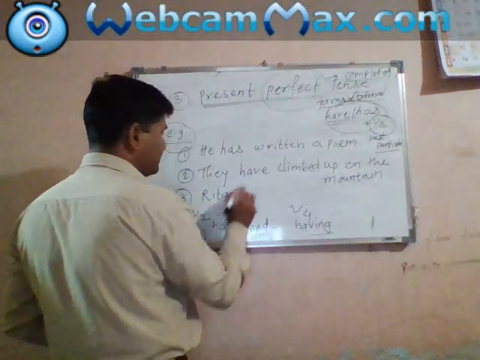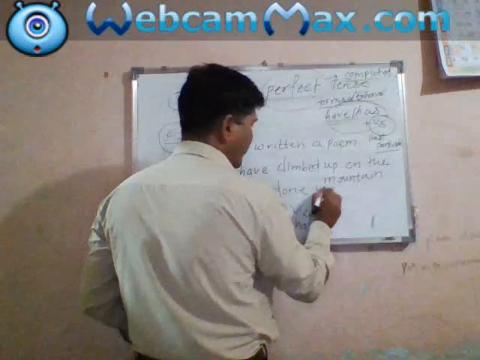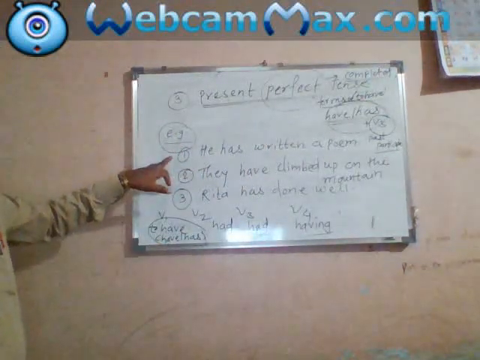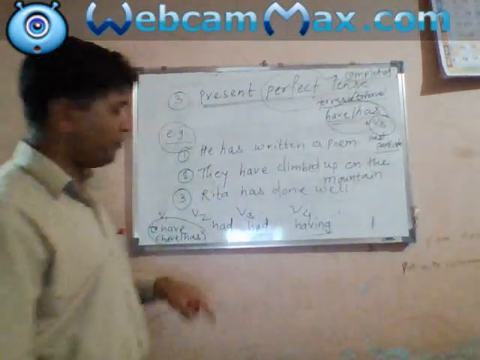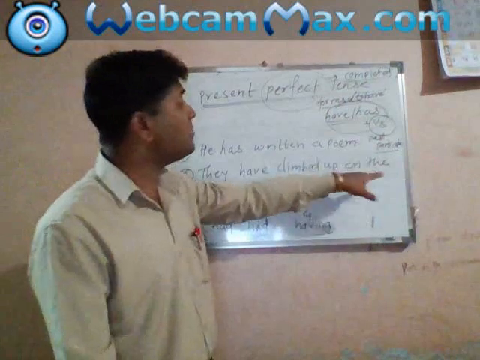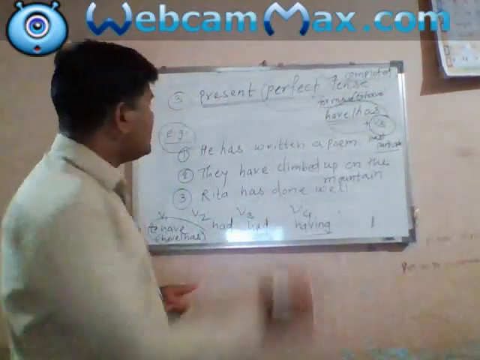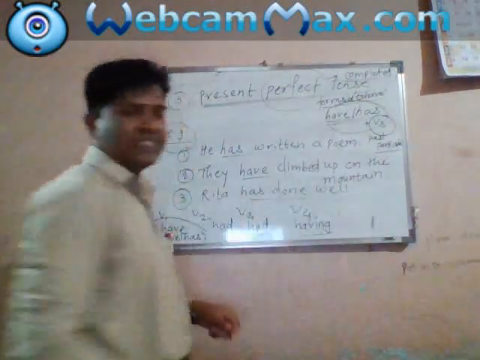Rita has done well. So here you see three examples. He has written a poem. They have climbed up on the mountain. And Rita has done well. So here: has written, have climbed and has done.